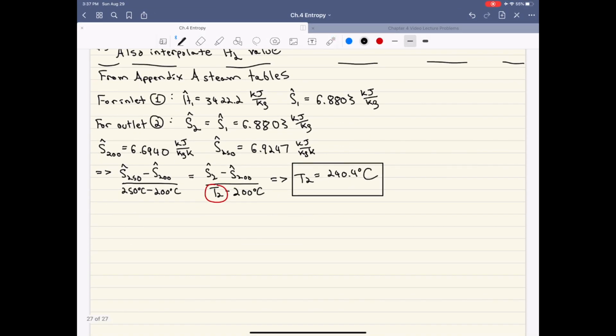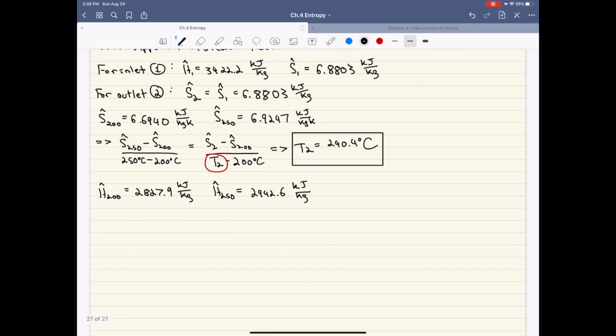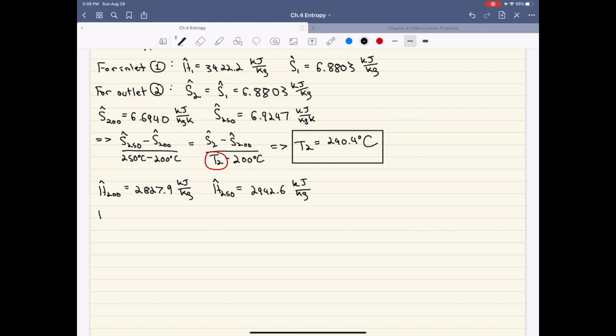Go back to our work, write down those enthalpy values. For 250, 2942.6 kilojoules per kilogram. Set up an interpolation.